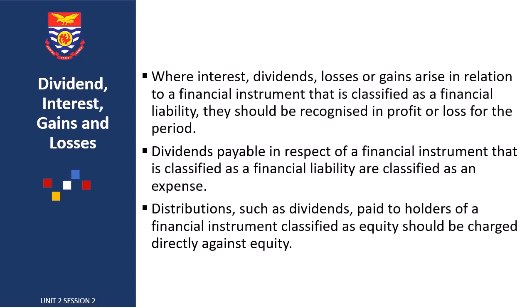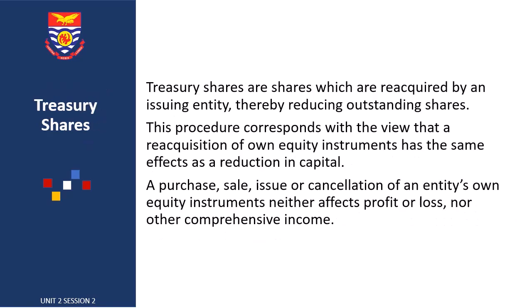So if you paid any amount to the holders of this equity instrument in the form of dividend and so on, charge it against the equity. So you go to statements of changes in equity and take that amount out. But if it is a liability, you bring it to profit or loss account as an expense.